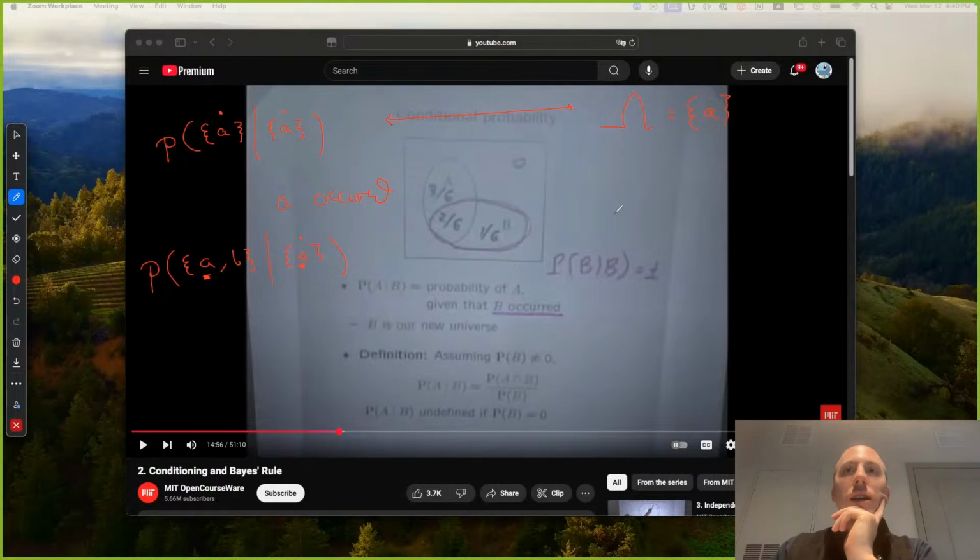So now let's say the whole sample space is just AB. So now A happened. Now what's the probability that one of these things will happen?